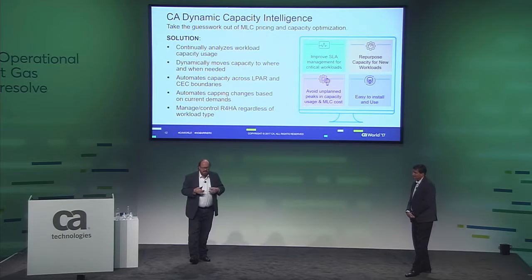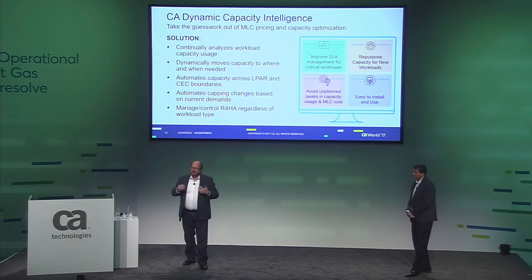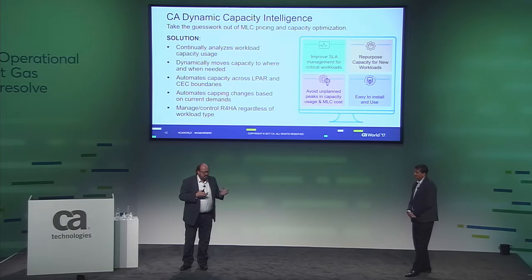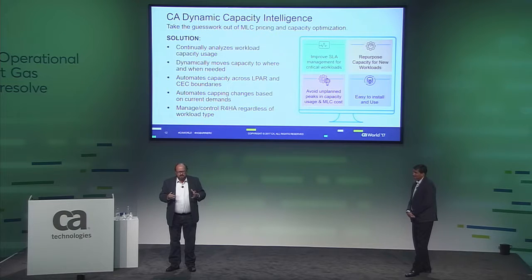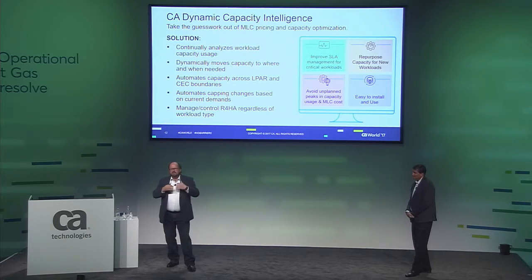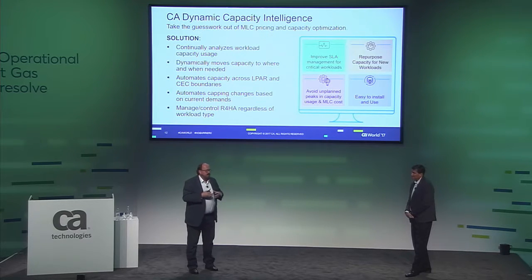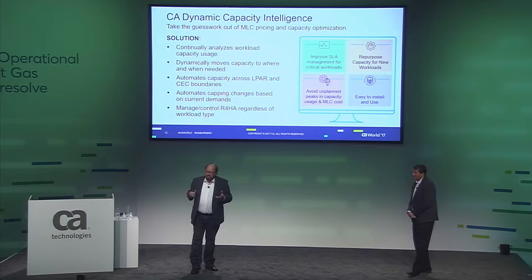The solution is that we need to continually analyze the workload situation. Continually means every 5 minutes. We do not have to do that on a second-to-second basis. That would be too much overhead, and from a rolling 4-hour average standpoint, it is not necessary.